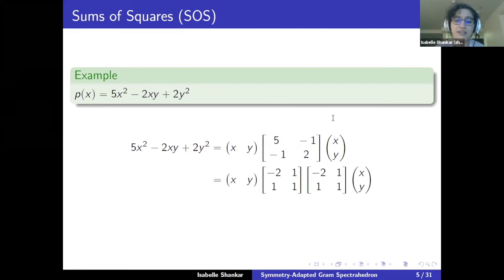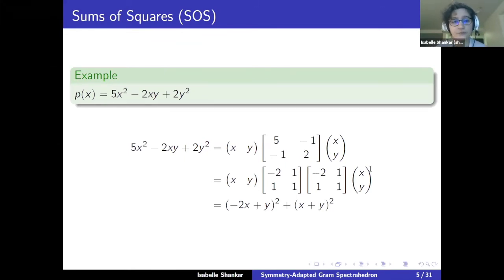There are many and they're not unique. Here's my factorization of this matrix, which gives me the breakdown of how the sums of squares decomposition will show up, right? So we'll have −2x + y as one square, and then x + y as the other square.